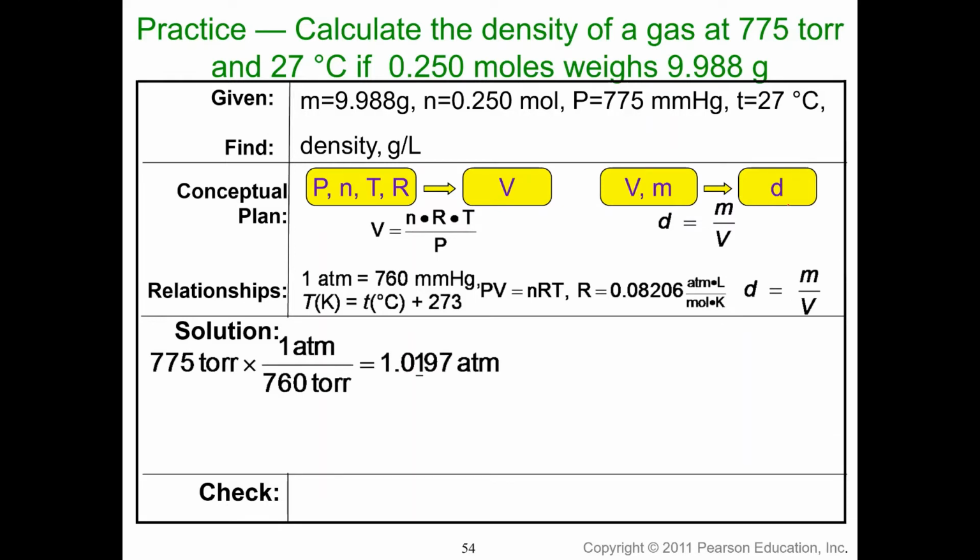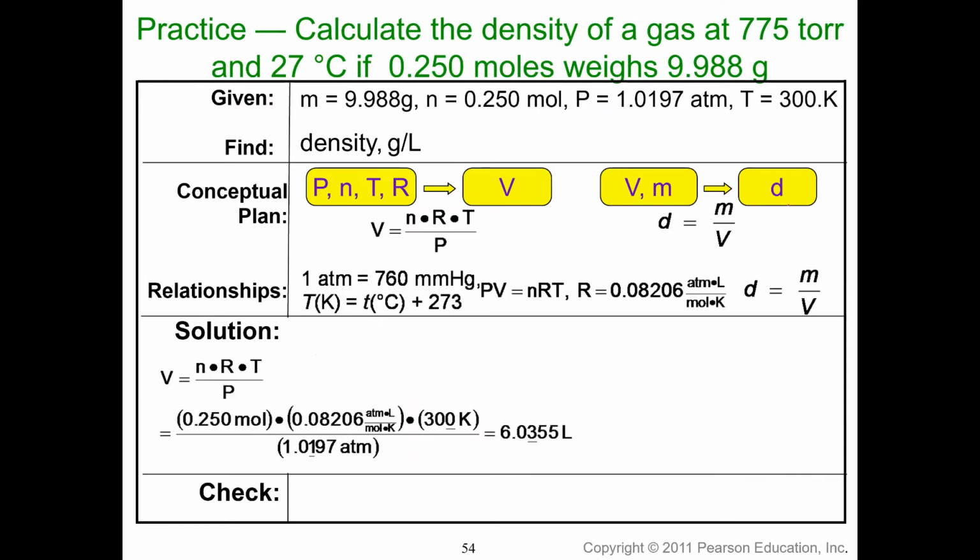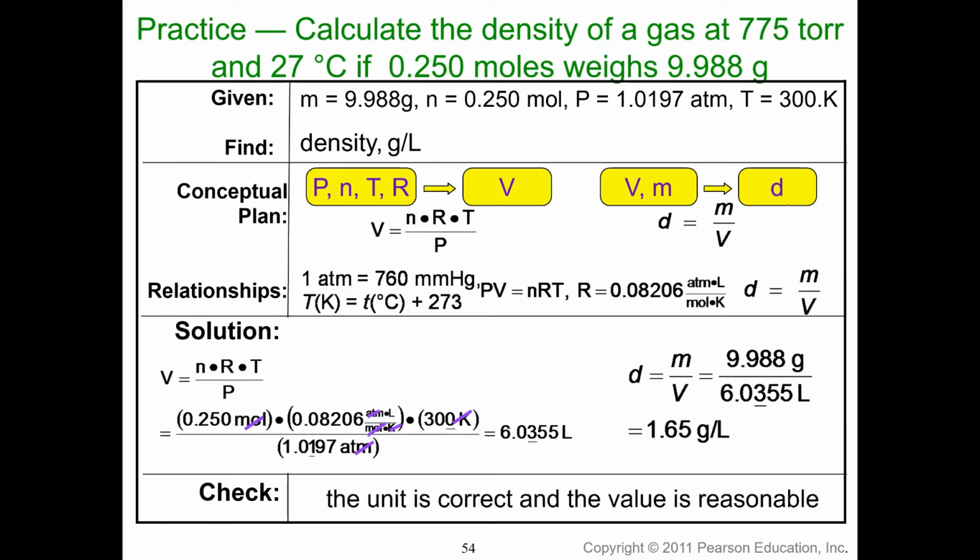You've got to do the routine conversion, both for temperature and pressure. Use the ideal gas law to find the volume. Once you find the volume, then density is defined as mass over the volume. That should be easy. All right. Any question? Okay.